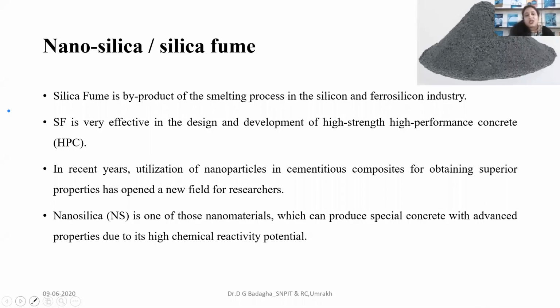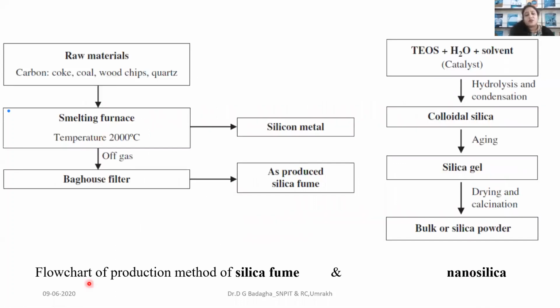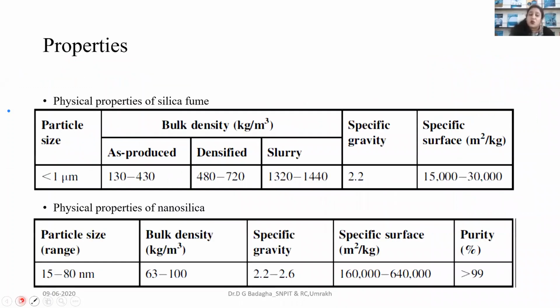Okay, so here a flow chart of the production method is there only for your general record, that how we got the raw material, then the smelting furnace will be there, from that the bag house filter will be there, and flow from silica fume, and this is the advantageous material to produce advanced concrete.